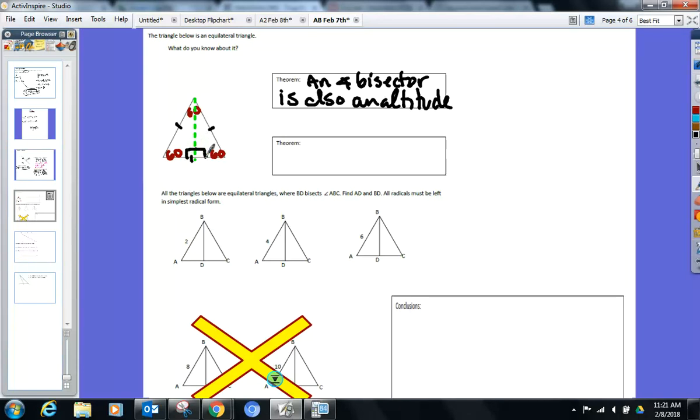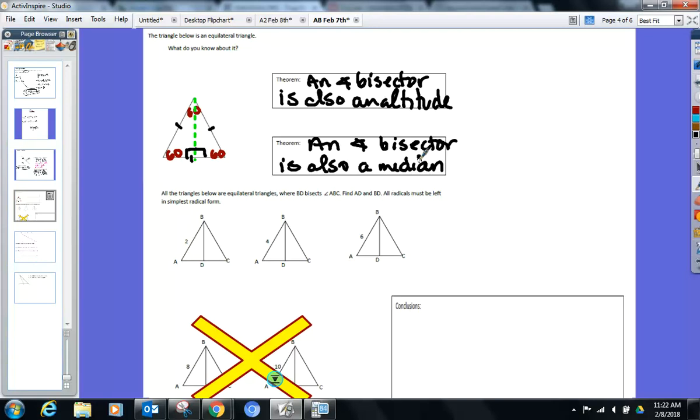Not only is it an altitude, any guesses? It's also a median, all right? An angle bisector is also a median in an equilateral triangle. So if I'm told it's an angle bisector, boom, I know it's also an altitude and a median.